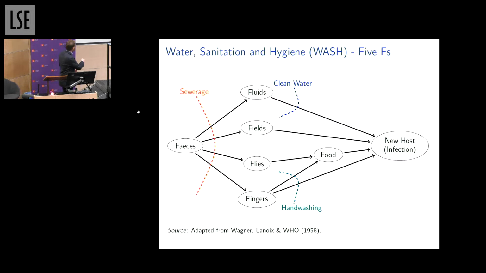This is the thing that prevents the feces from getting to any of these other Fs, okay? And it's interesting in the historical research that often it's been found that it's the combination of clean water and sewerage that really matters. This is work by Claudia Goldin, who just won the Nobel Prize, and Marcella also. I won't leave off her junior co-author. That would be poor form for me. But it's the combination of those two things together that makes a difference.